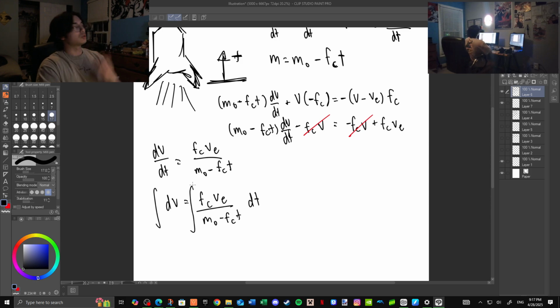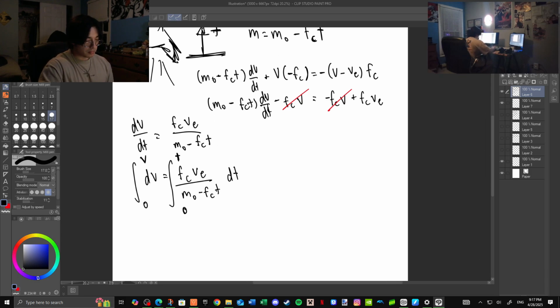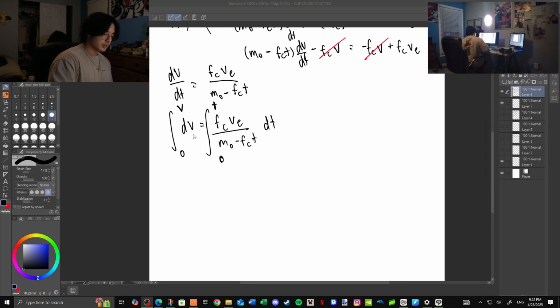Now what are the bounds? We start at 0 velocity and get to a certain maximum velocity. Same with this. We start at a time of 0 seconds, go to a time of t, whatever that t is. So with these bounds 0 to v, dv will just be v, right?